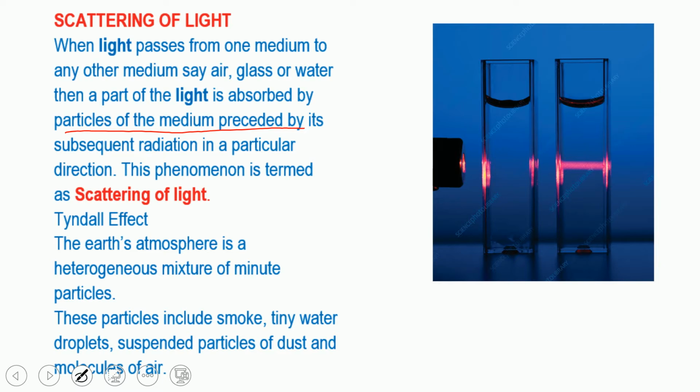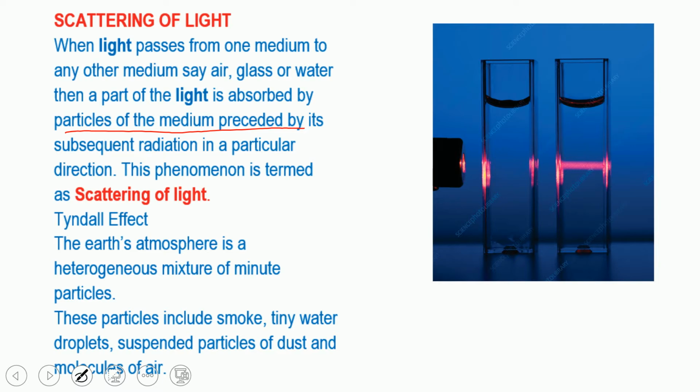Now, while it is emitting this absorbed light, the entire light may not be emitted. It may emit only some colors. Sometimes it may emit the entire light. This phenomenon is termed scattering of light.